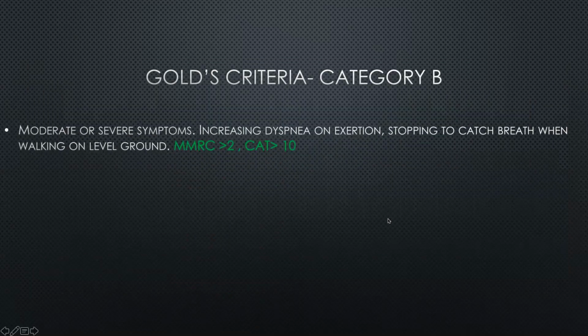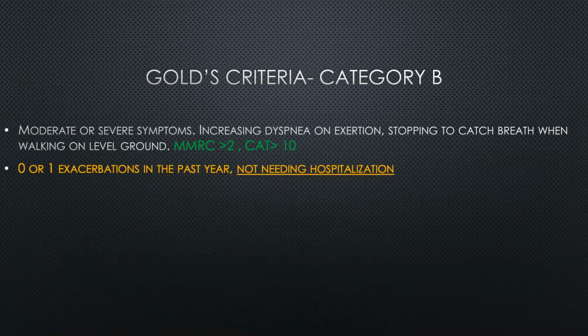All right, so category B, GOLD's criteria. Patients who have moderate to severe symptoms, so their MMRC is greater than 2 or their CAT score is greater than 10. They have increased dyspnea on exertion, stopping to catch their breath even when walking on level ground. But their exacerbations or hospitalizations have stayed the same. They have had either one or none, and that one did not require hospitalization. So what would you consider for this patient?